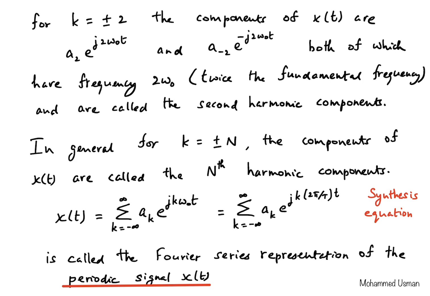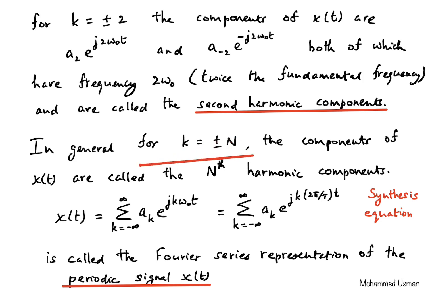And in general, for k equal to plus or minus 3, we will get the third harmonic components. For k equal to 4, we will get the fourth harmonic components. For k equal to plus or minus 5, we'll get the fifth harmonic components, and so on and so forth.